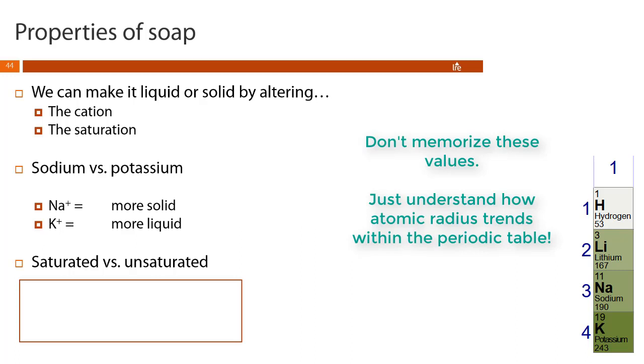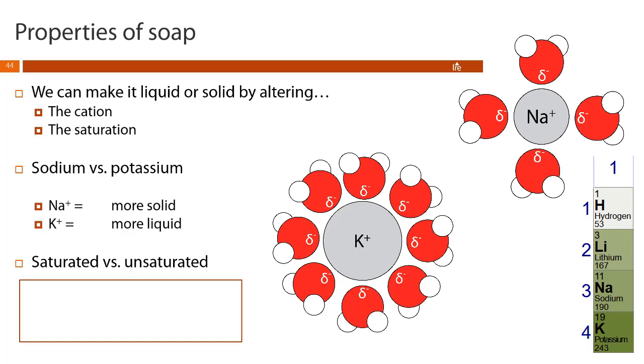So that means that potassium is going to have this positive charge spread out over a much larger surface area than a sodium ion will. That means it's going to be able to form ion-dipole interactions with more water molecules than a sodium ion would be able to. So the more water molecules you can interact with, the more soluble you're going to be. So that means potassium is going to produce a more liquid soap.